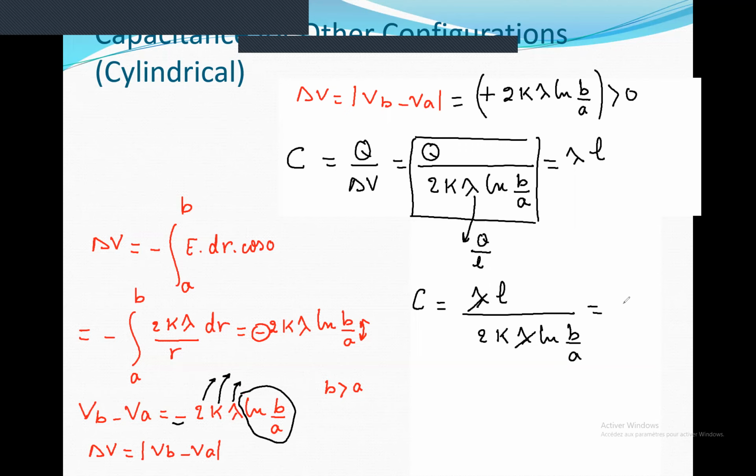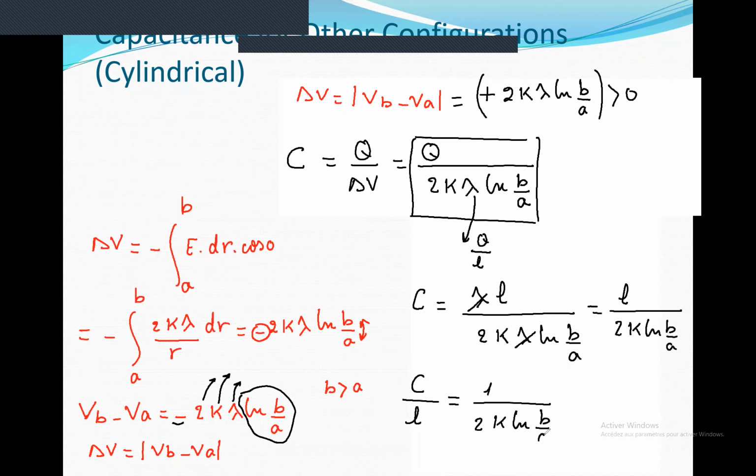So here we have C equals L divided by 2K ln B divided by A. You can say the capacitance per unit length equals 1 divided by 2K ln B over A. This is the capacitance per unit length.